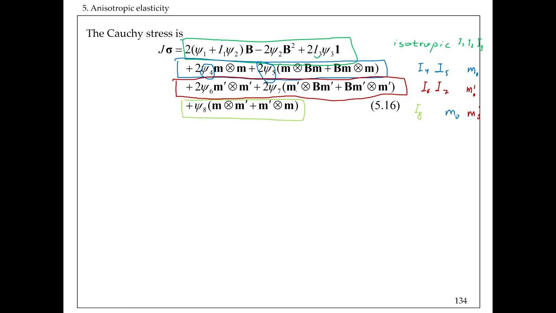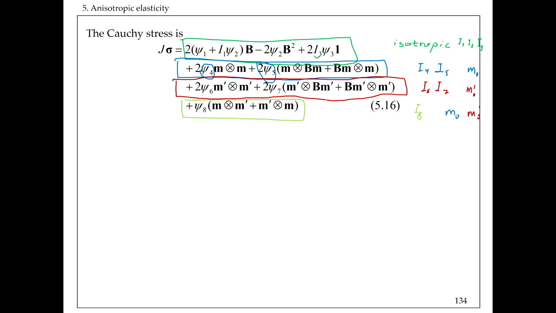So again, very simple structure. The expression is rather bulky for the Cauchy stress, but the structure is very straightforward. We have the isotropic part, we have the part that comes from the first family of fibers aligned in one direction, or anisotropy, or another preferable direction.